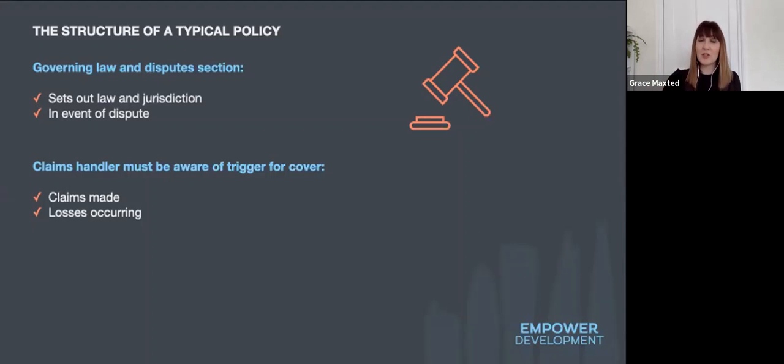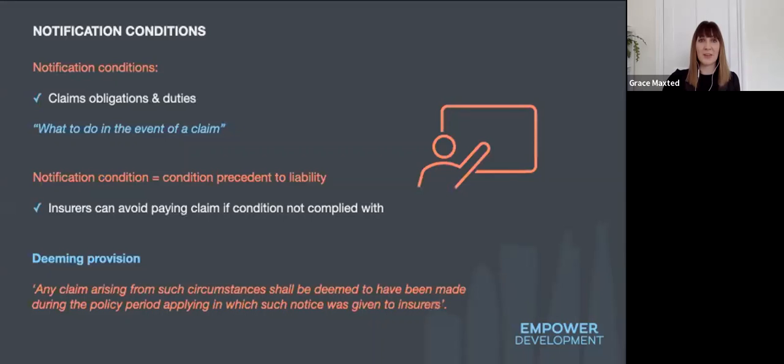Now, this is only super relevant when we're thinking from a claims made perspective, where there's been a notification perhaps, because under claims, we tend to have a claim that is a formal claim, and then we have what we call a circumstance, which is something that could develop into a claim. So we have certain obligations and duties under the contract for notification, so what to do in the event of a claim.